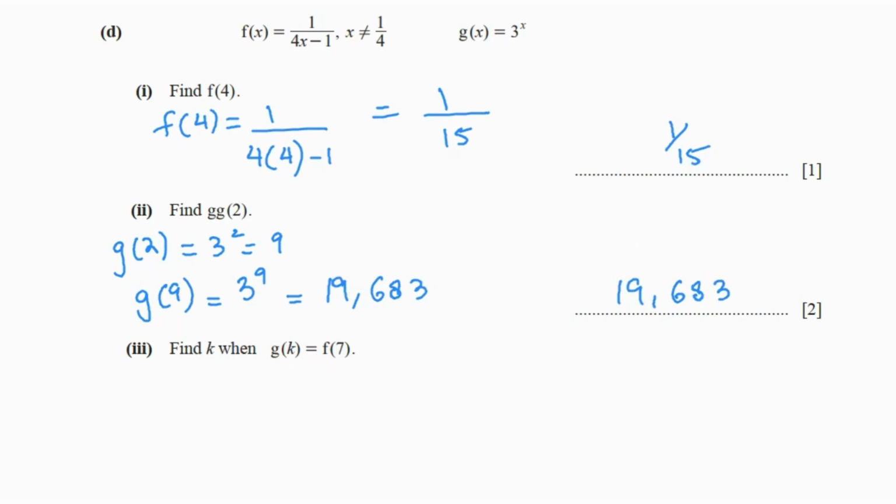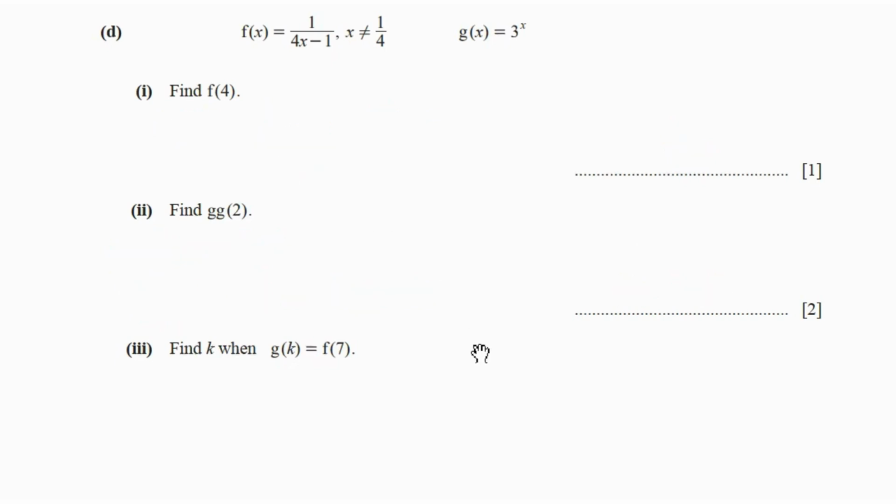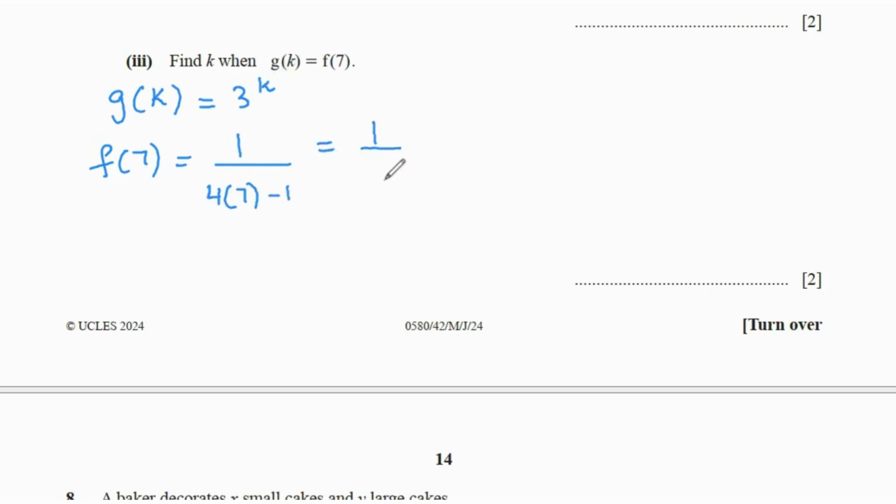Then the question is saying find k when g of k equals f of 7. So g of k would be 3 to the power of k. f of 7 is going to be 1 over 4 times 7 minus 1, which is 1 over 27.